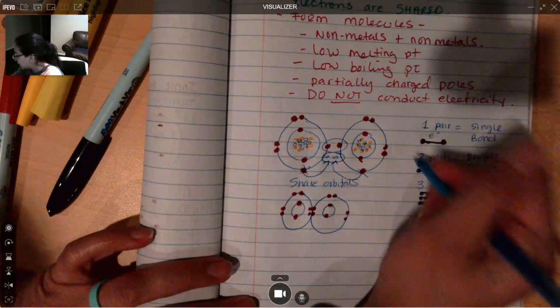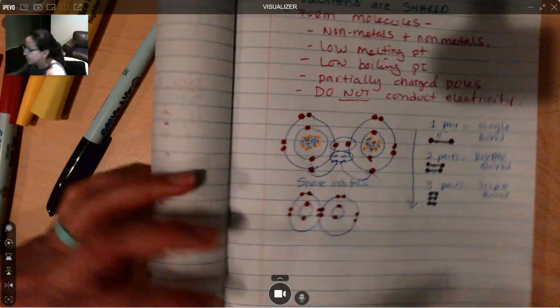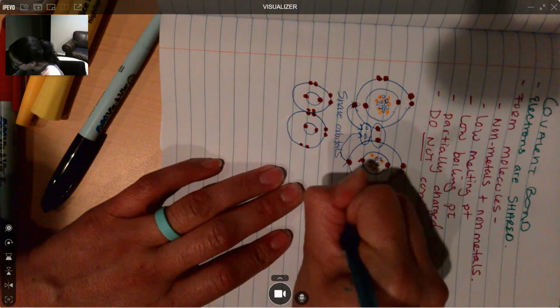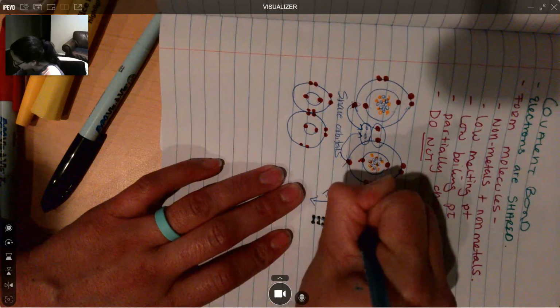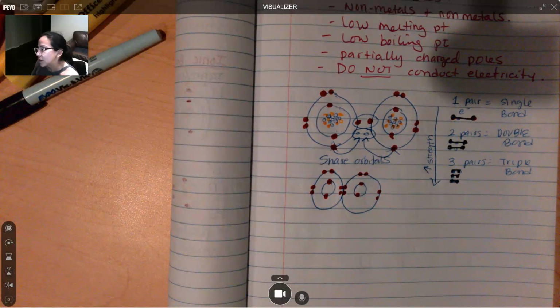So they increase in strength. Let me move this side. So they're going to increase in strength, okay? So as you go down, the bonds get stronger, right? They're tighter together.